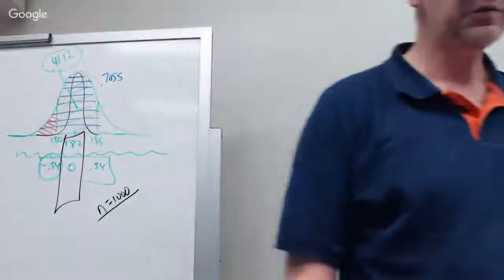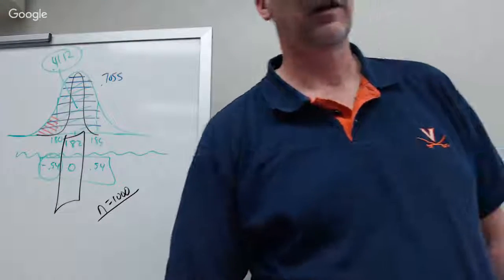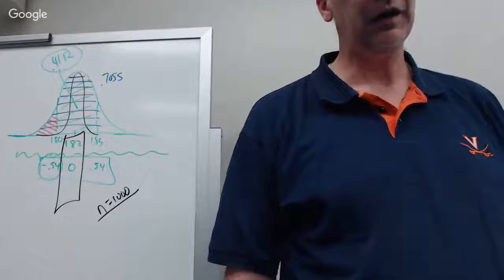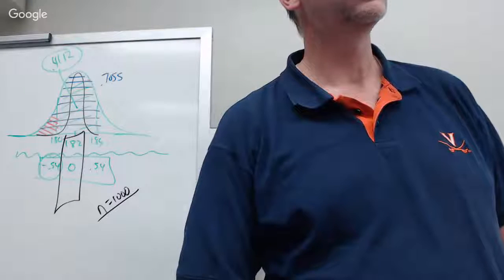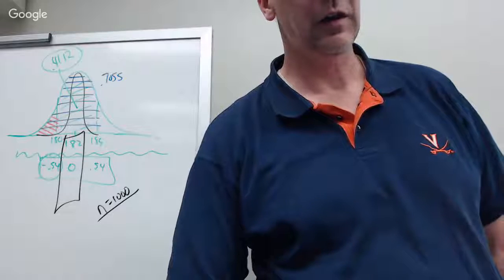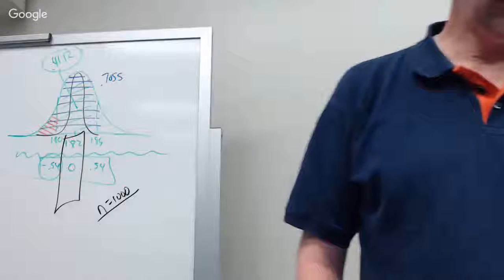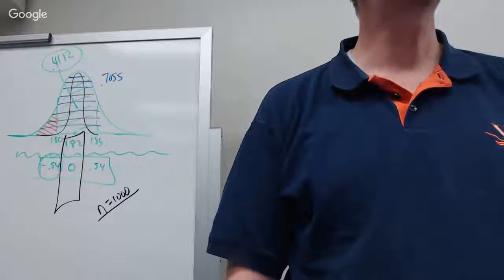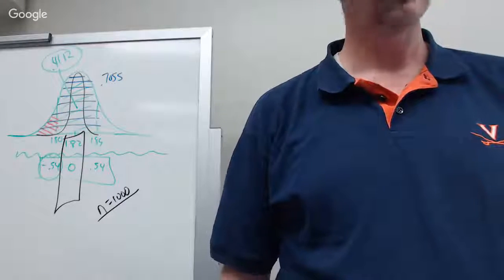Okay? So my P hat is what? 0.5067, minus my P, 0.5. And I'm going to divide that by the square root of, what's P? 0.5.